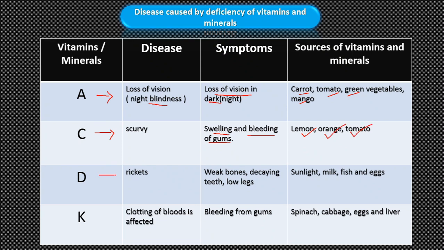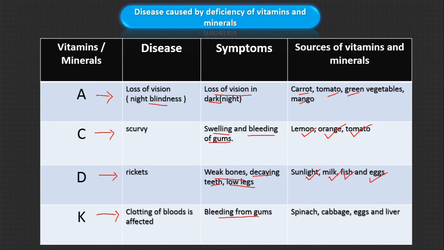Lack of vitamin D causes rickets. Weak bones, decaying of teeth, and bow legs are the symptoms. And sunlight, milk, fish, and eggs are good sources of vitamin D. Lack of vitamin K causes problems in clotting of blood.